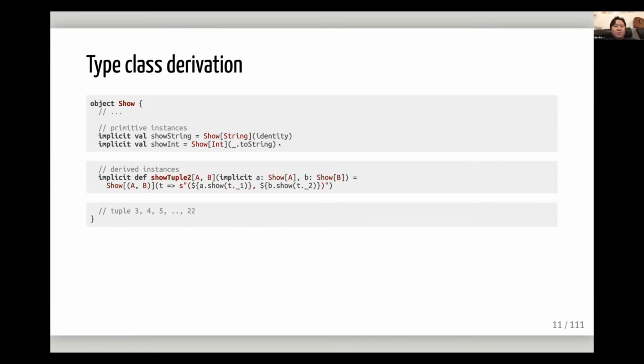This works, and by extension we can do that for Tuple3, 4, 5, all the way up to 22. It's pretty straightforward. Obviously, the downside is it only works for tuples. It doesn't work for case classes, so you have to handcraft them, and no coproducts either, like no ADTs.